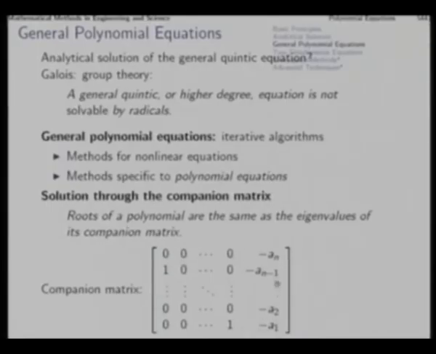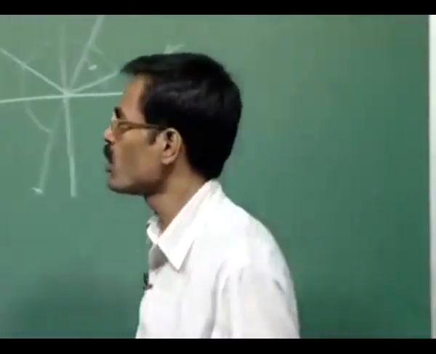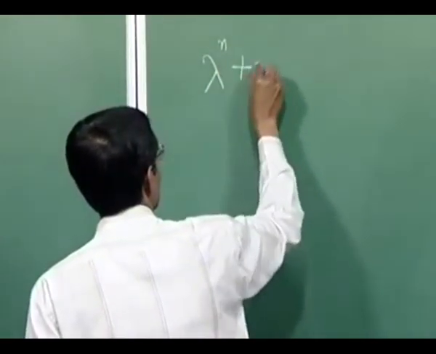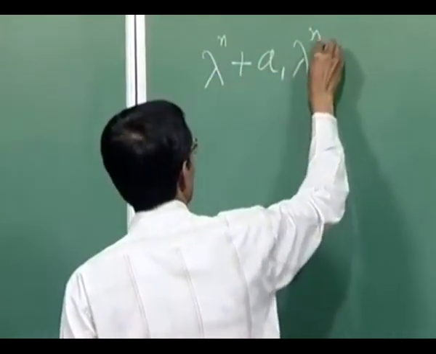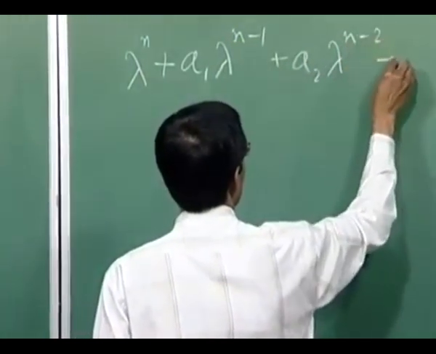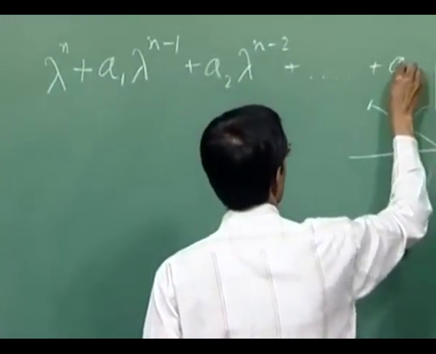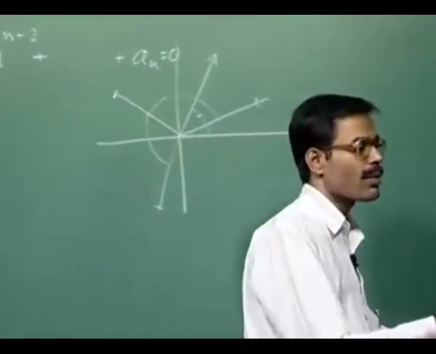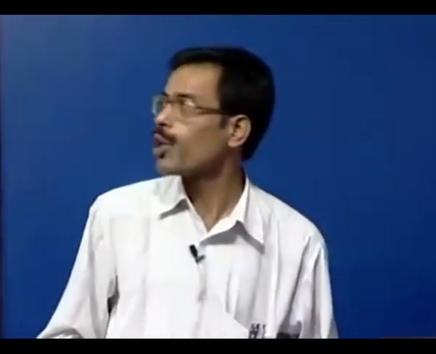If you try to find the characteristic polynomial of this matrix by the standard process, by the determinant of lambda I minus this matrix equal to 0, and then expand that determinant, then you get the characteristic polynomial exactly like this, the typical form in which you would supply a polynomial equation, okay, polynomial.